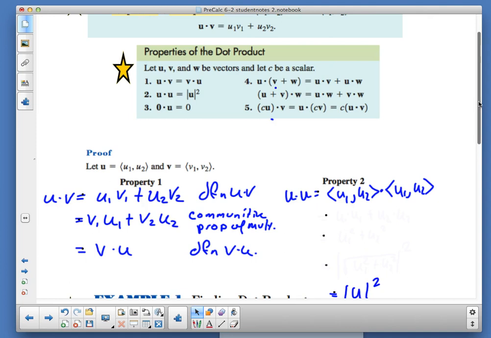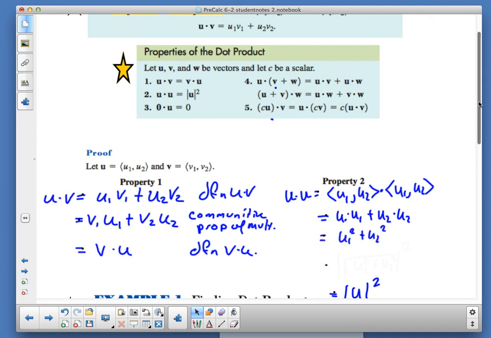And when we work with magnitude, it's the square root of it, remember? So as I step through, I've got my u1, u2, and on my other, u1, u2, it's the same vector. So according to my multiplication properties, I go u1 times u1, plus u2 times u2. And now I've got u1 squared plus u2 squared as I step through this.